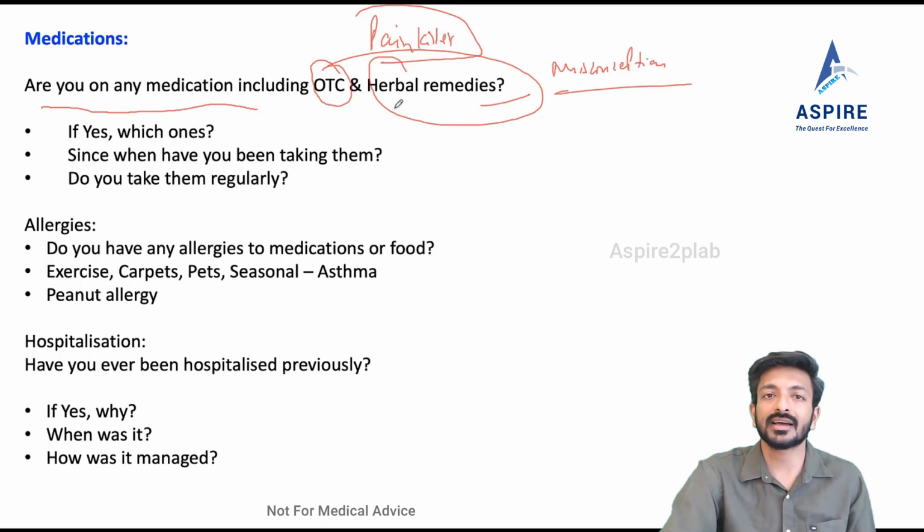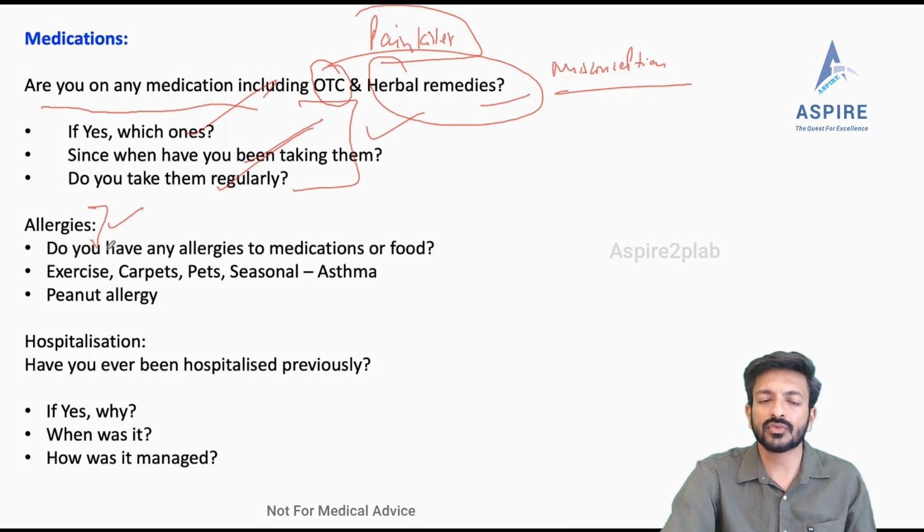So how can we say they are safe or not safe? So what we need to do is ask the patient, are you on any medication, including over the counter and herbal remedies? If they say yes, we need to go into detail: which one, since when you are taking them, and do you take them regularly or not. So everything is very important when we are asking about the medication.